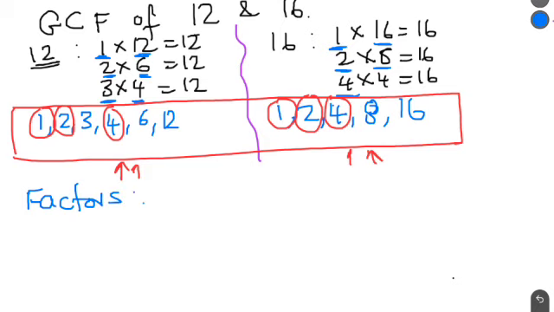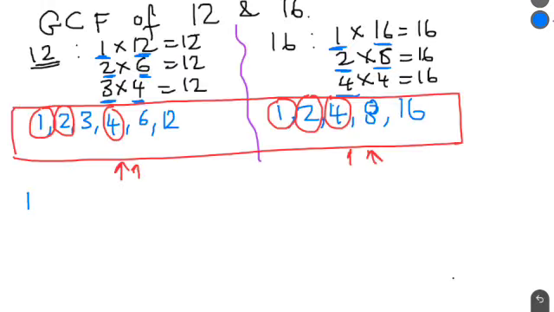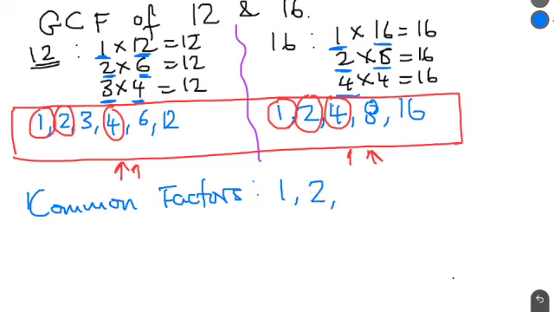So all the common factors. My mistake, should be the common factors. I want to get the terminology correct. All the common factors: 1, 2, and 4.